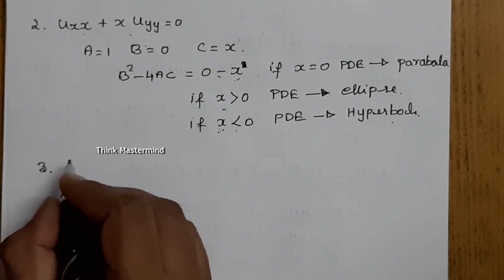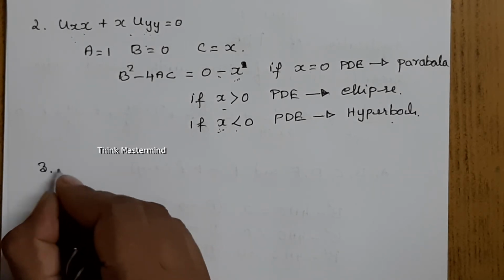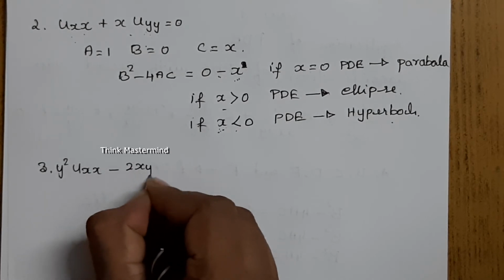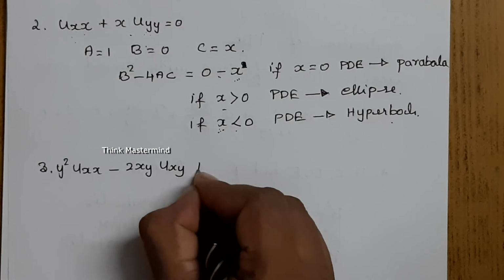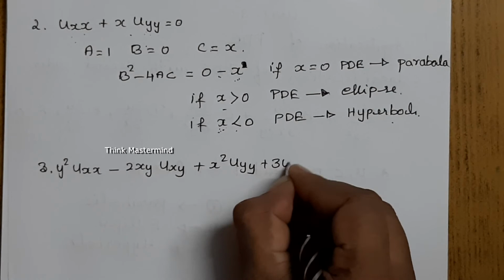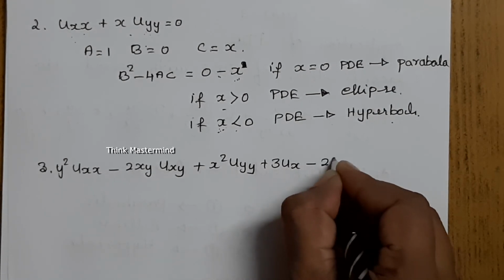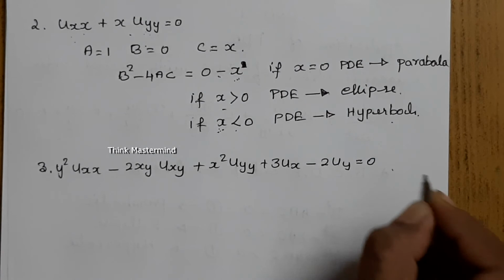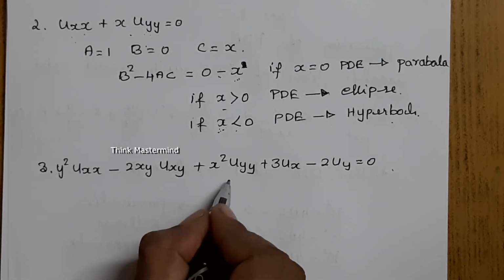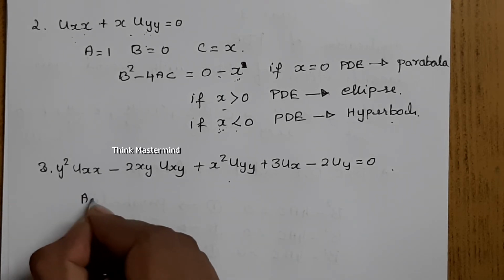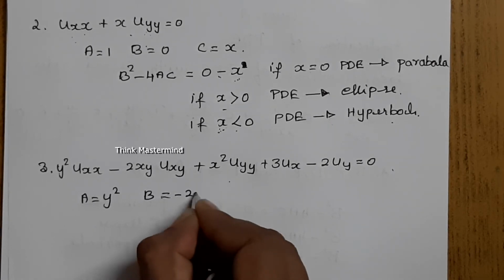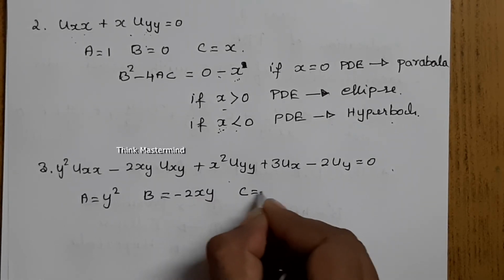Now consider one more example: y² uxx − 2xy uxy + x² uyy + 3ux − 2uy = 0. In this partial differential equation, we have to take only the second order derivative coefficients. That's why a is equal to y², b is equal to −2xy, c is equal to x².